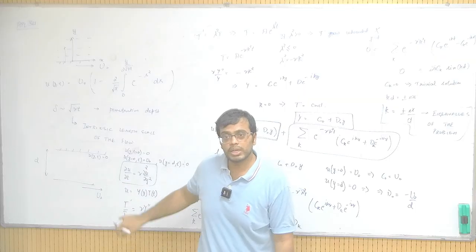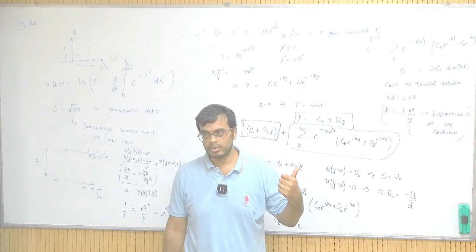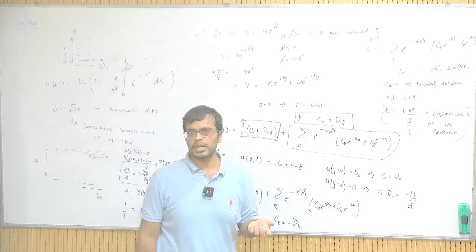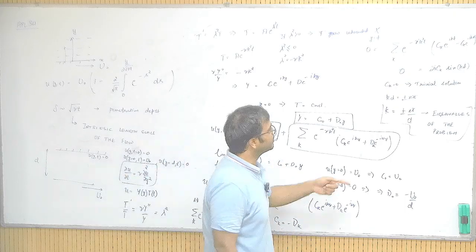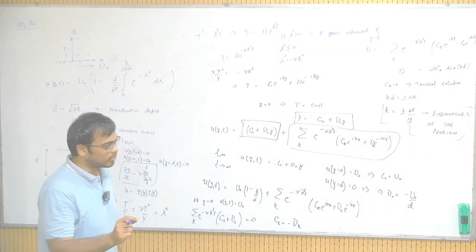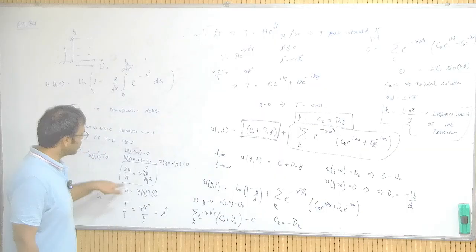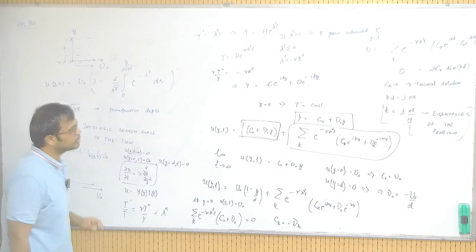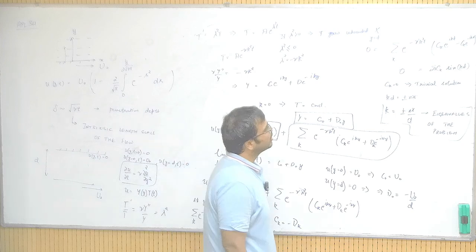If you change the boundary conditions, your eigenvalues may change. Boundary conditions are important for the problem. It's for the whole set of equation and the conditions that we are imposing.